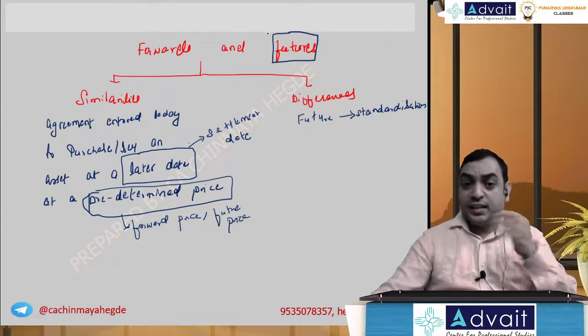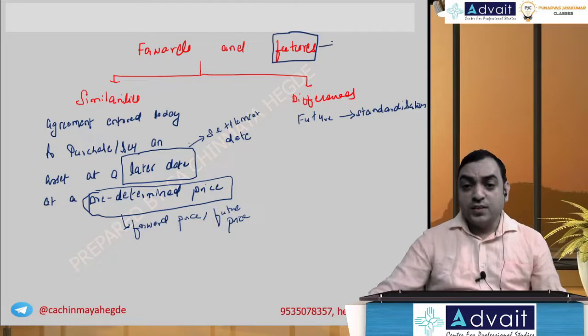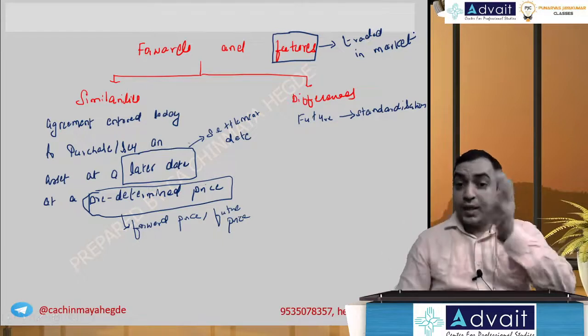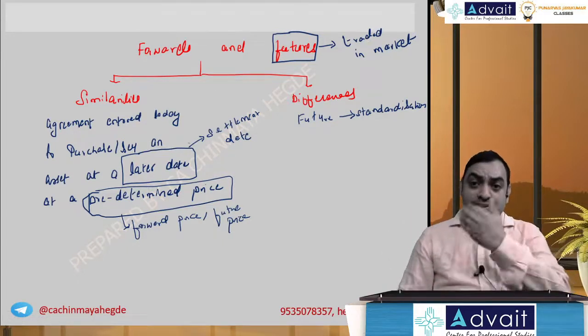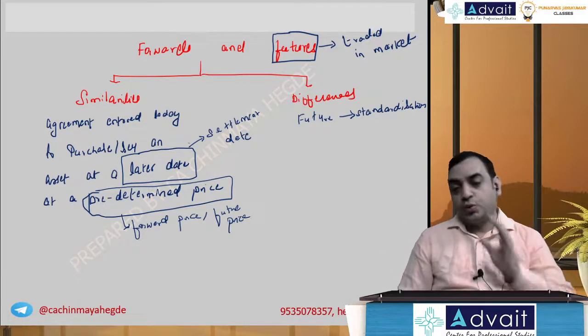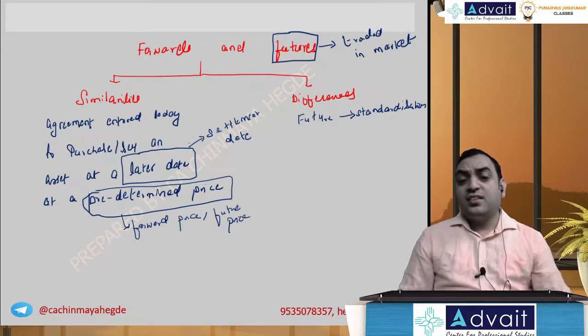Forwards are not traded; that is between two people. Futures are traded in the market. You will have a futures segment with a separate price, separate transaction, separate brokerage and so on.